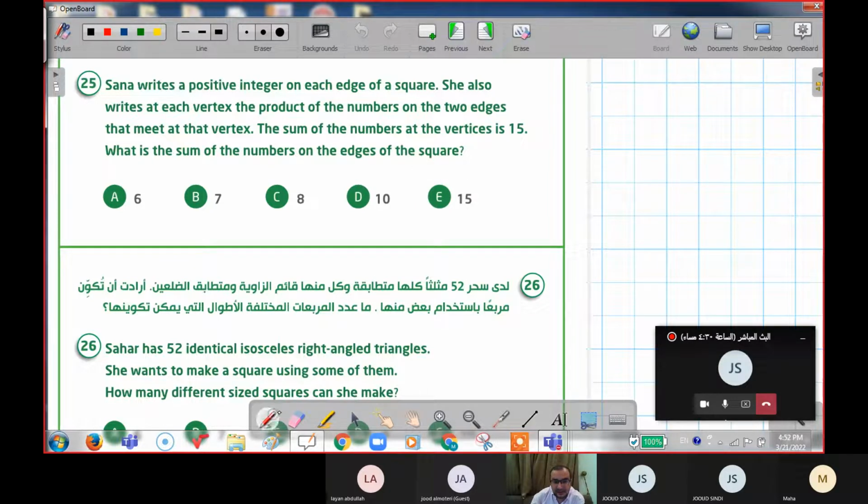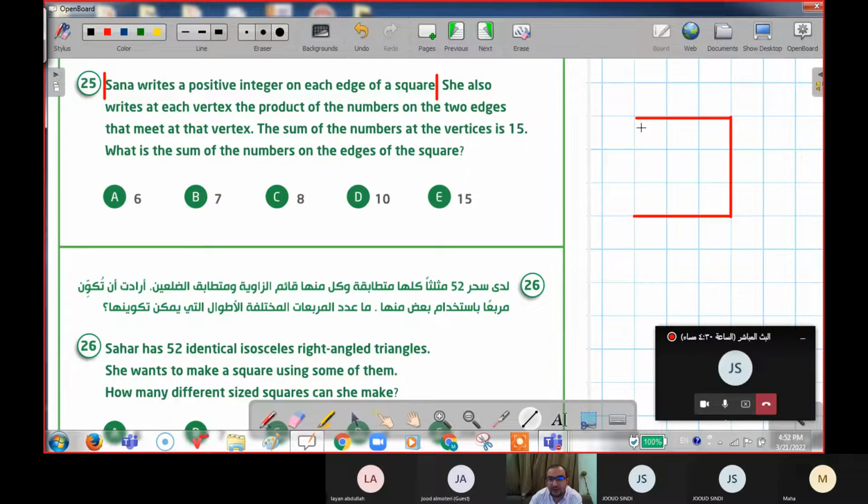Let's start. Can you explain just the first sentence? In English. So there is a girl named Sana. She has a square. At the edge, she writes a positive integer.